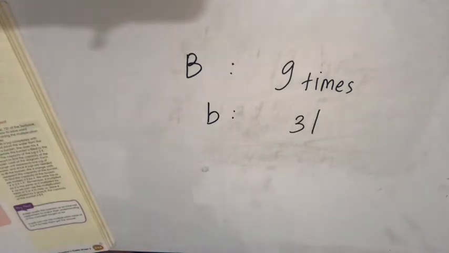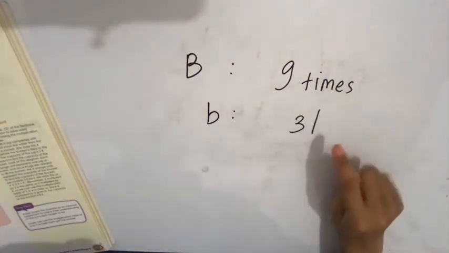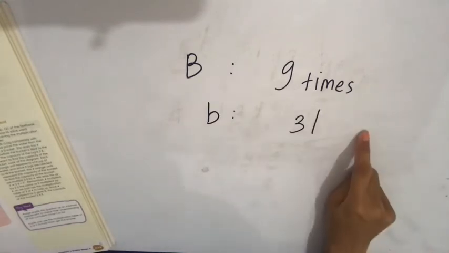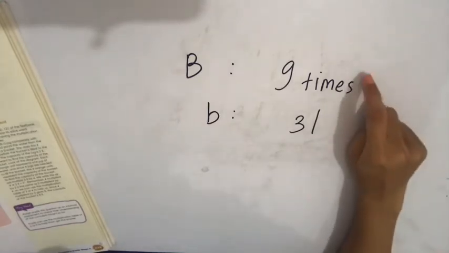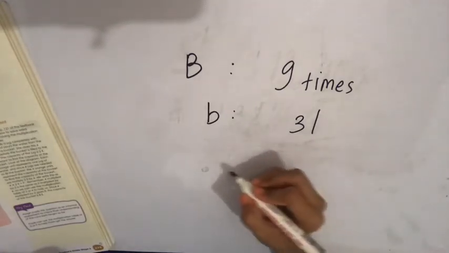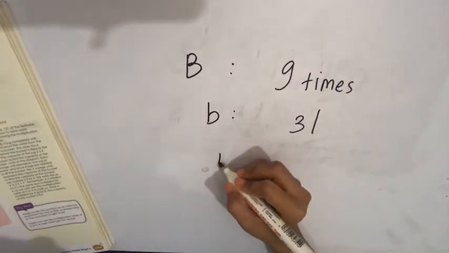If the capacity of the barrel is 9 times the bottle, and the question asks you to find the capacity of the barrel, then you need to do multiplication.